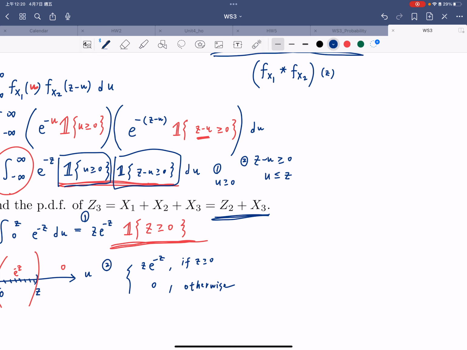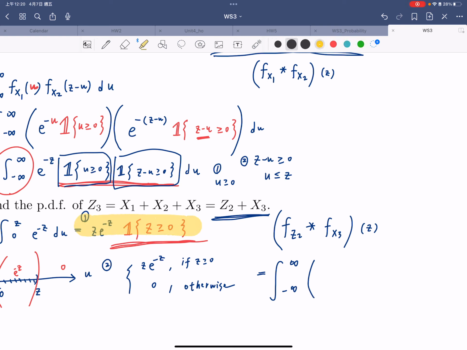So we find Z2 convolution x3 on Z. Okay, so integration. So Z2 is this guy, yellow guy. So it's z exponential negative z, indicator function z greater than 0.